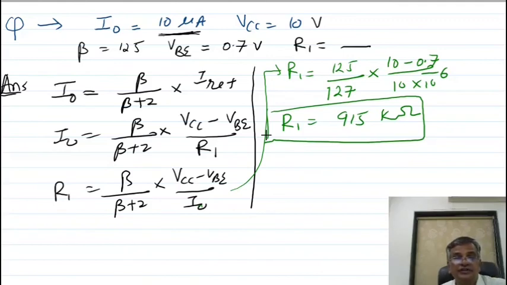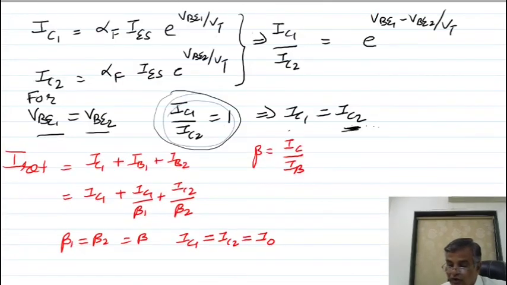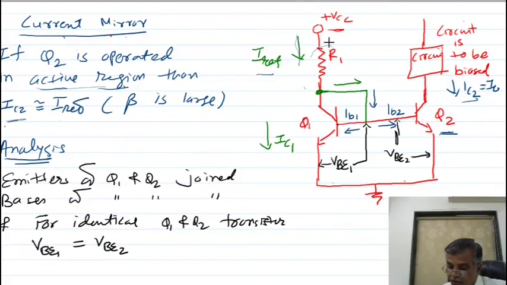What is the conclusion? To get a low value of the constant current, the value of R1 is very large. In an economical IC, a large value of R1 cannot be easily fabricated. Means this circuit is not advisable for low values of constant current.